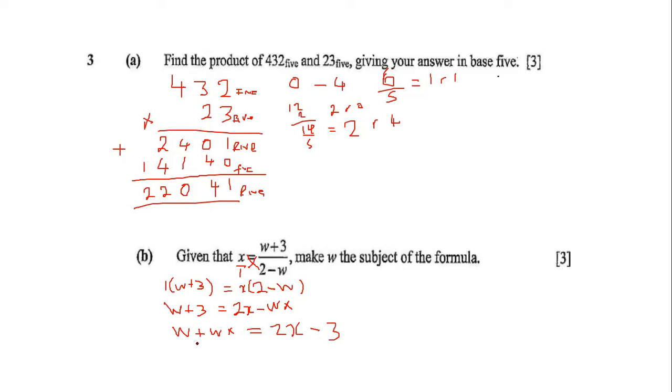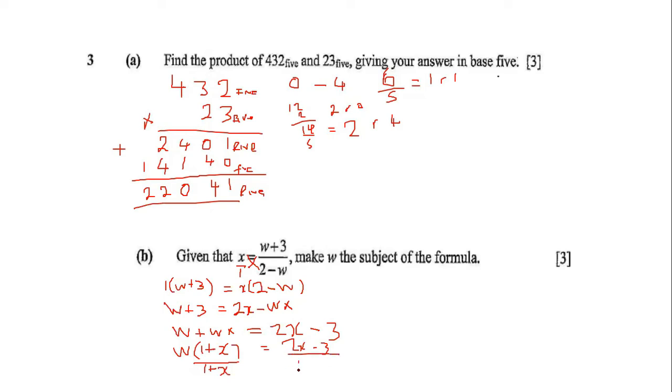Since we have the w's on one side, we simply factorize. So w there, then we remain with 1 plus x, which is equal to 2x minus 3. Then we divide by 1 plus x. What you do to this side, you also do to this side.